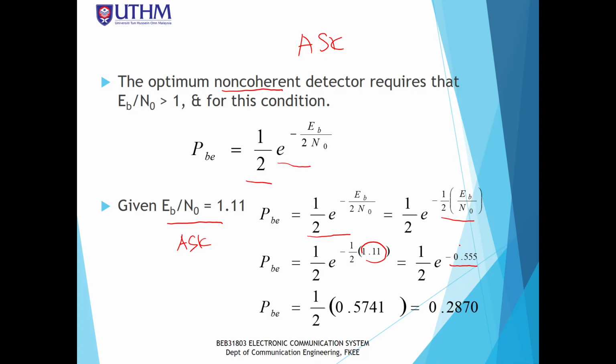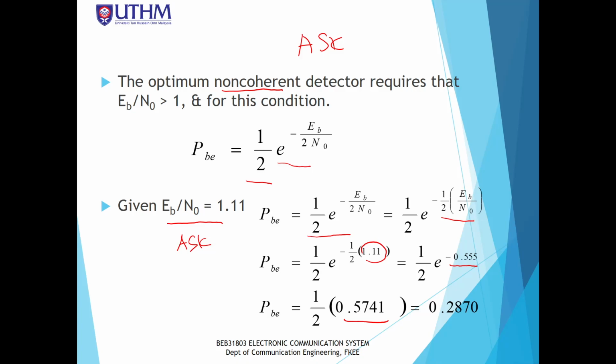Try to use your calculator, shift ln, and then press minus 0.555, you will get 0.5741 using your calculator.